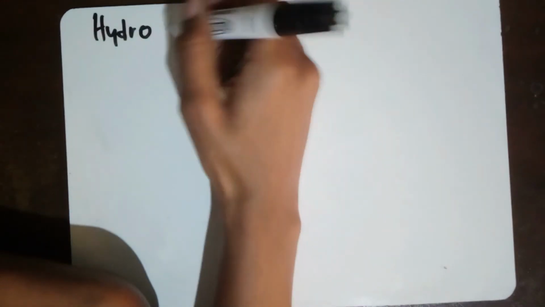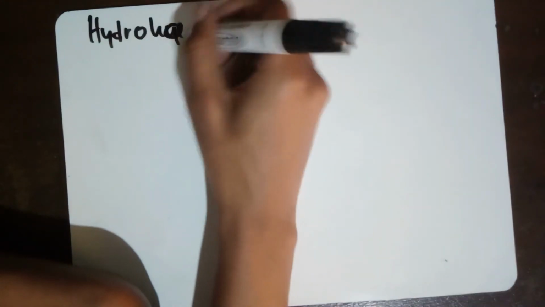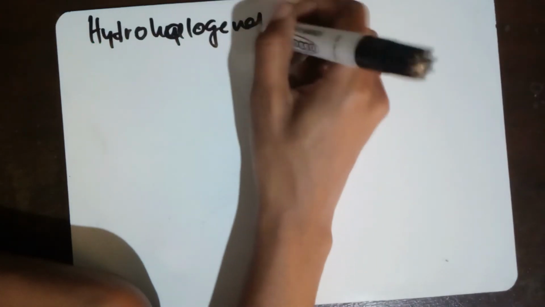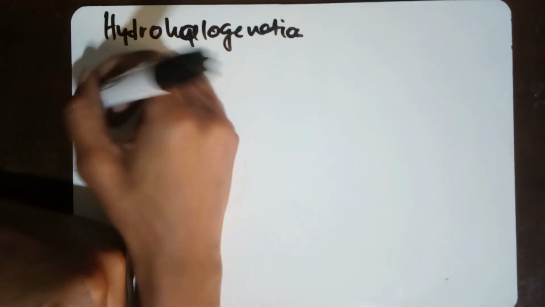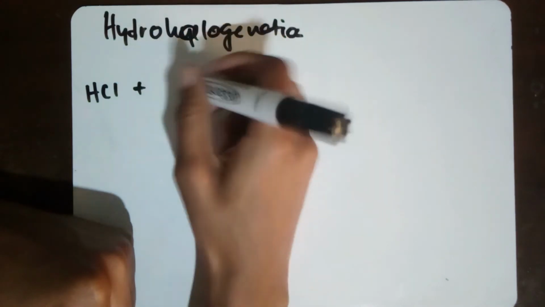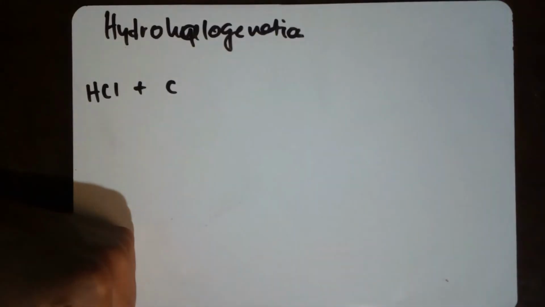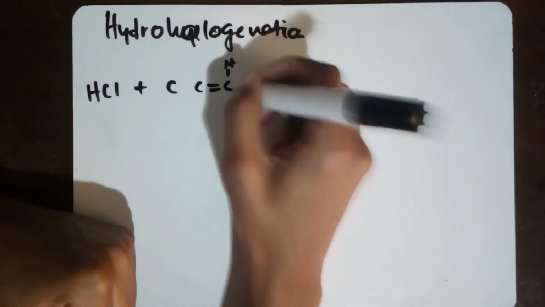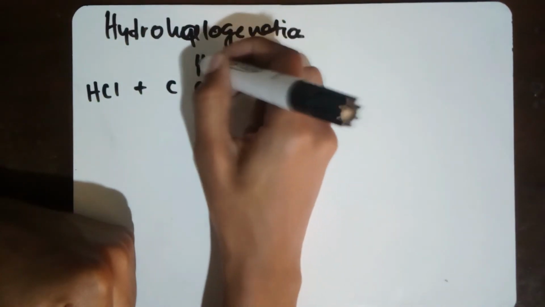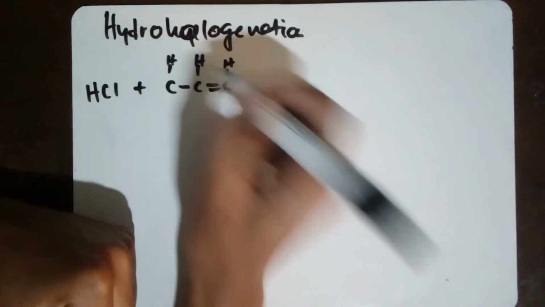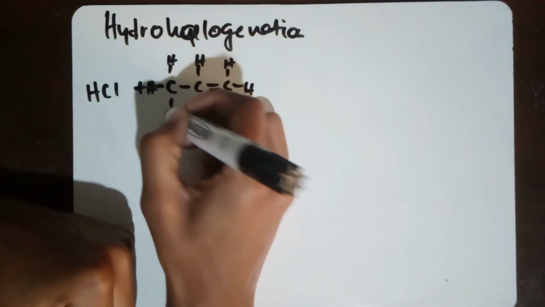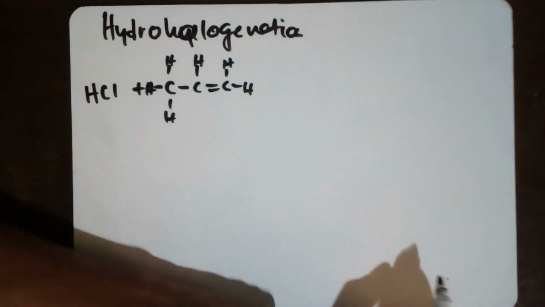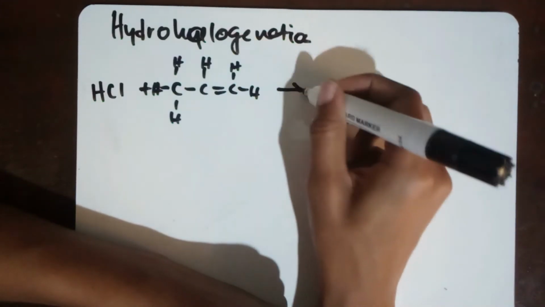So our discussion is still on hydrohalogenation. And we said that we were adding HCl to propene, right? And then what we will get is actually a haloalkane.